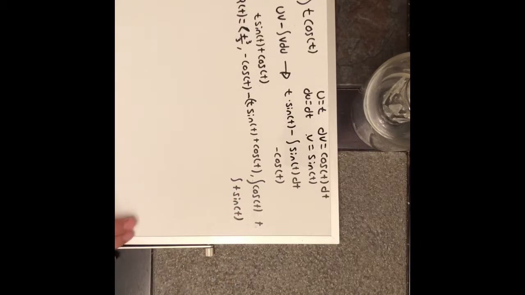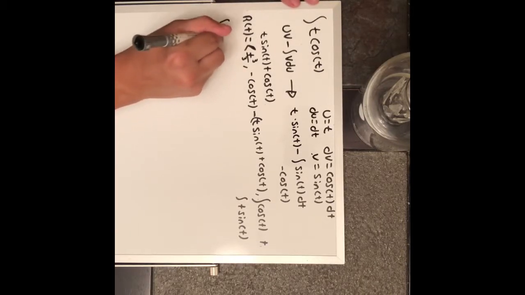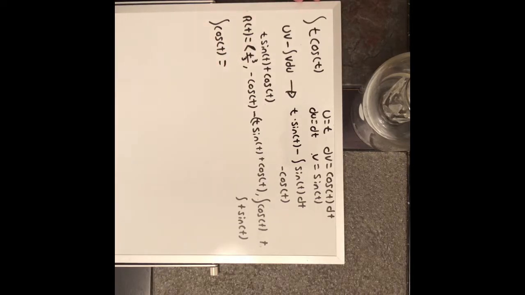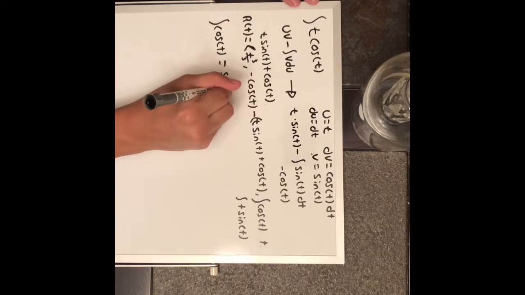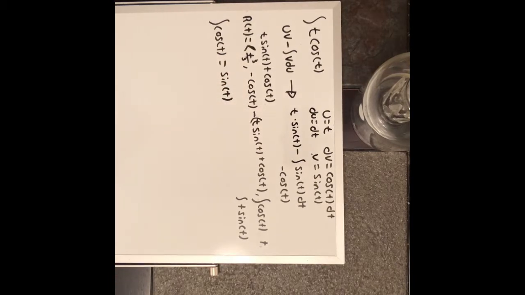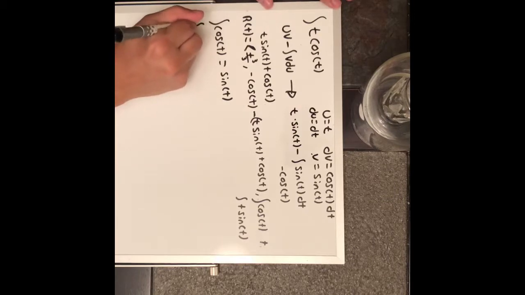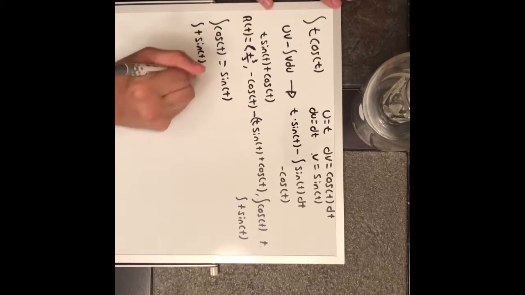Let us solve for that. So the integral of cosine of t is equal to positive sine t. Very easy.